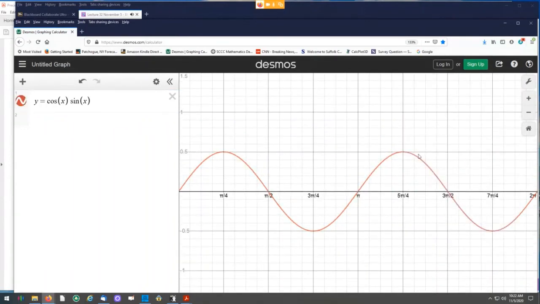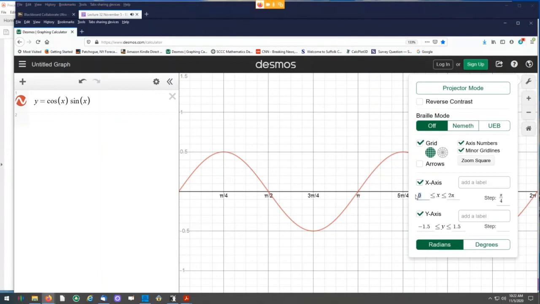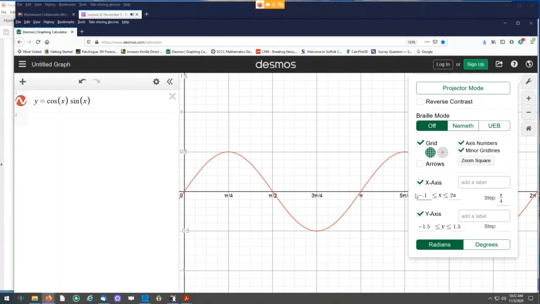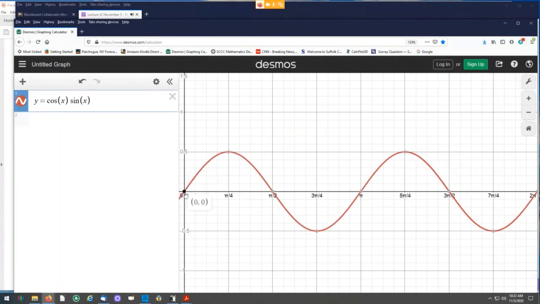Okay, so this is what we have, and I want to find out all the zeros. So 0 is inclusive, and I might have to make this just a little bit less than 0, so minus 0.1. So over here, that is a solution. I'm just looking for the value. This is the first coordinate. Pi over 2 is a solution. Pi is a solution. 3 pi over 2.